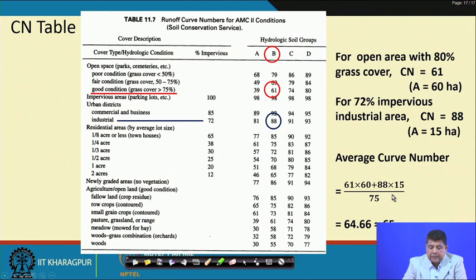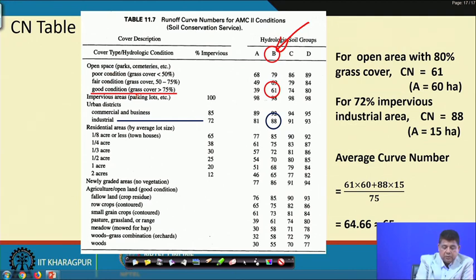If we look at the table, obviously we have to be in soil group B. So, for open space in good condition, that is grass cover greater than 75%, the value is 61, and for industrial where impervious is 72%, the value is 88. So, for our area A1 the curve number is 61 from the table, for A2 the value is 88. So, the average curve number will be 61 times 60 plus 88 times 15 divided by the total area, that is 75, which is 64.66 or 65.